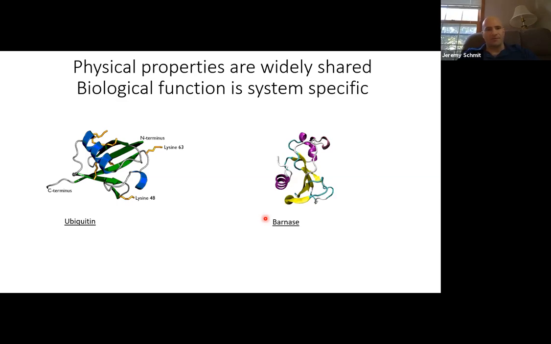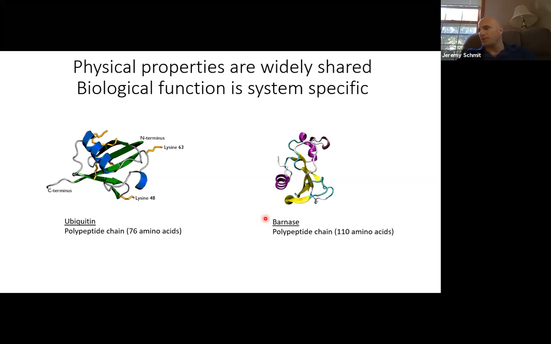And some of the first properties that might pop to mind would be things like, how big are these? And these are both smallish proteins on the order of 100 amino acids. They're also weakly charged. We expect proteins to behave roughly like colloids, and these guys are weakly charged or uncharged.